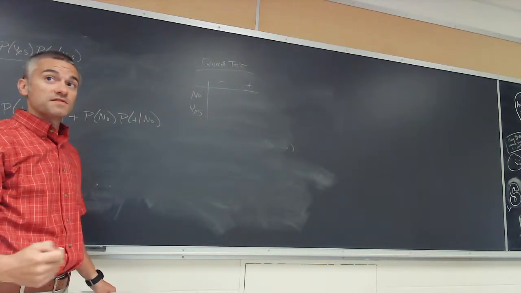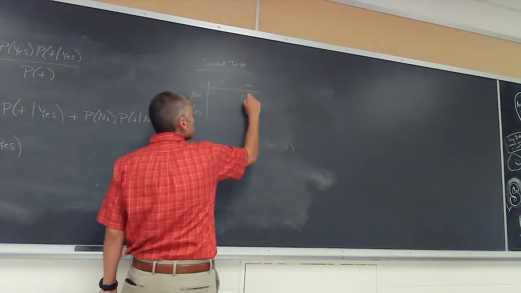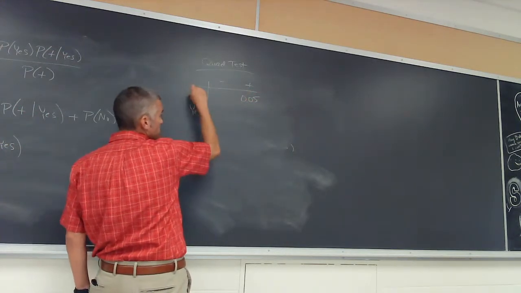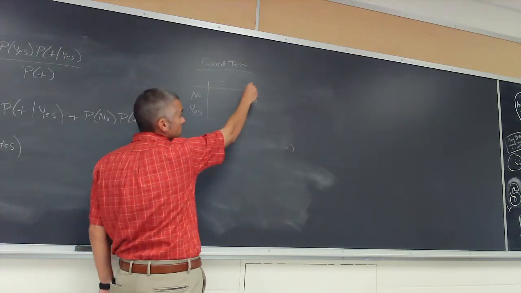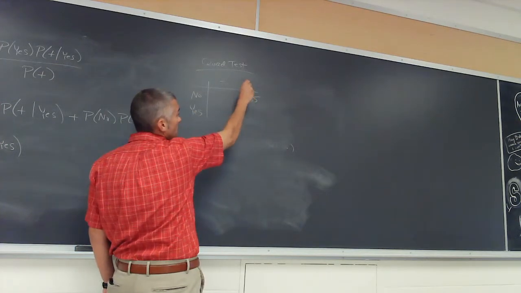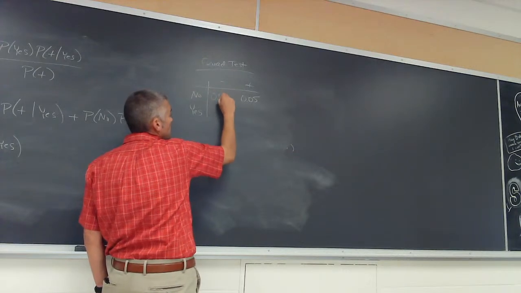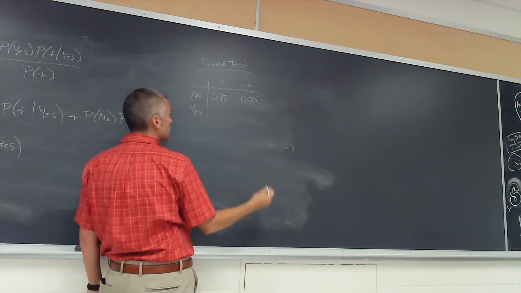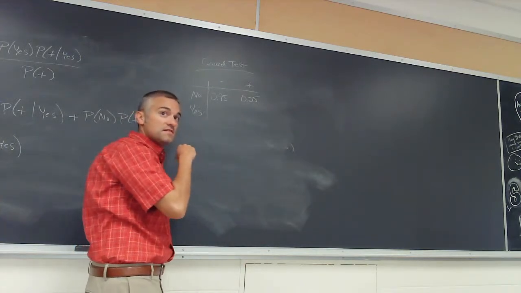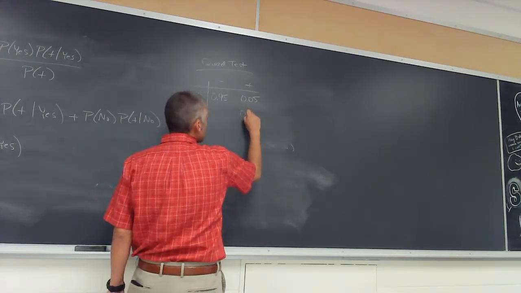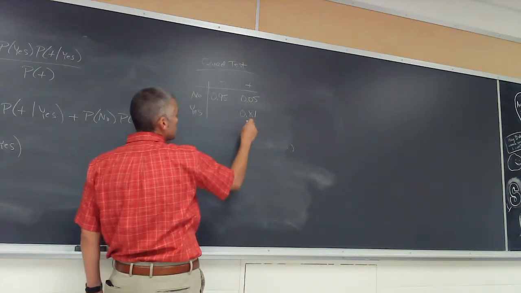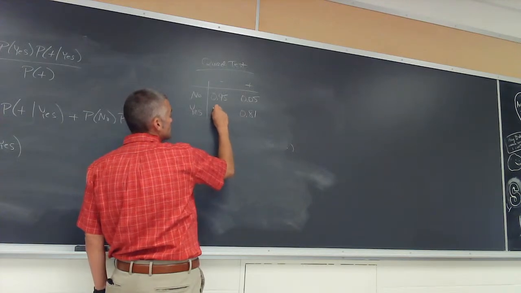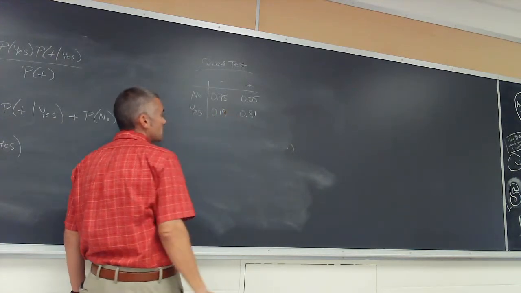False positive we said is 5%, and it's going to sum across the rows, because if we don't have the condition there's a 5% chance it comes up positive, which means a 95% chance that it comes up negative. Then we have our sensitivity at 81%, so 0.81. If we have it, we're going to test positive 81% of the time, which means we do not test positive 19%.